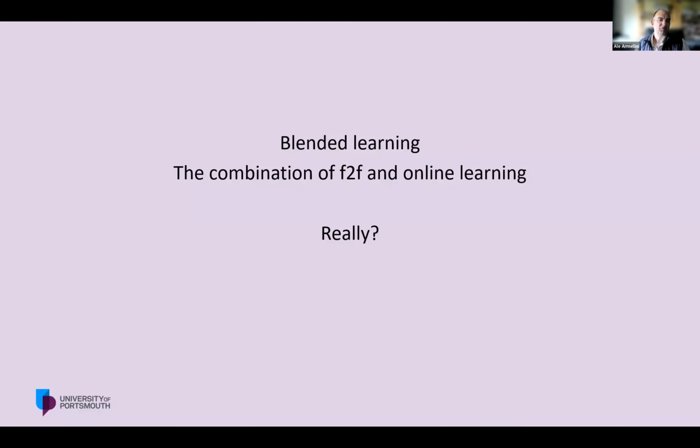In the last 25 years, 30 years, we've been talking about blended learning, and many authors, particularly in the early 2000s, have talked about blended learning being the combination of face-to-face and online learning. Again, colleagues, if you take one thing away from today's session, I invite you to consider this. Walk away from this definition.